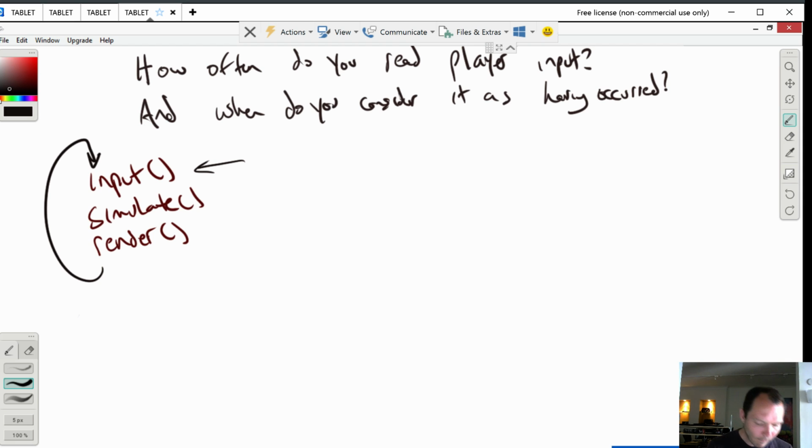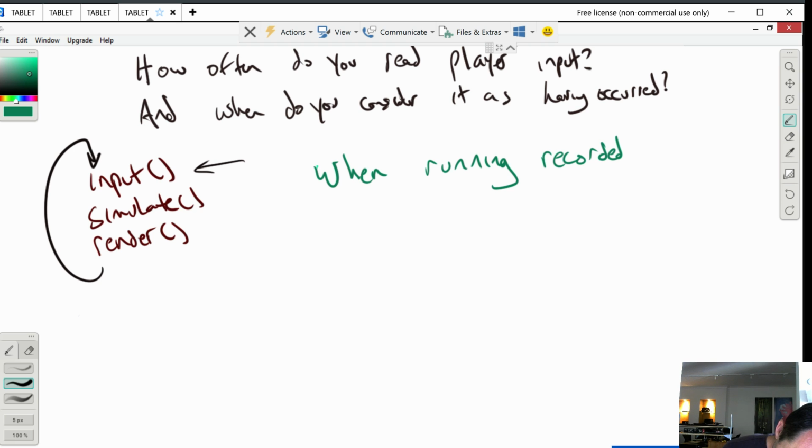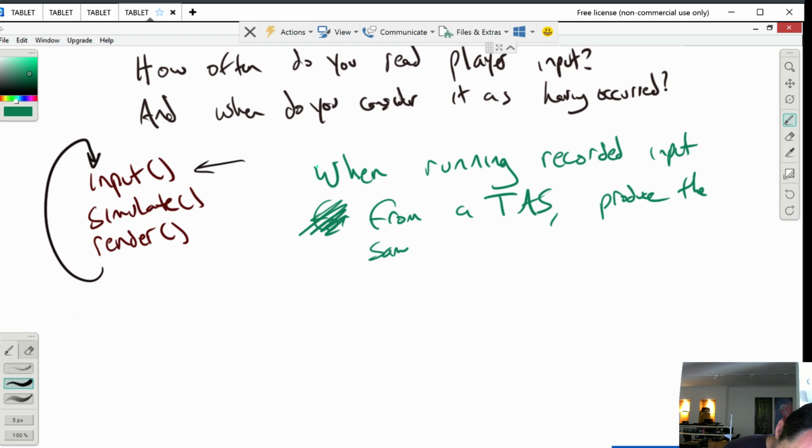So maybe the problem statement is: when running recorded input from something like a tool-assisted speed run, produce the same results always. That's pretty good.